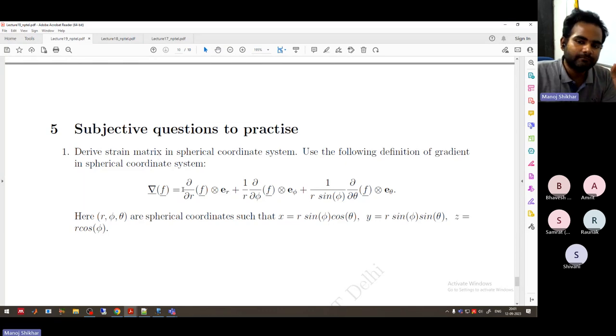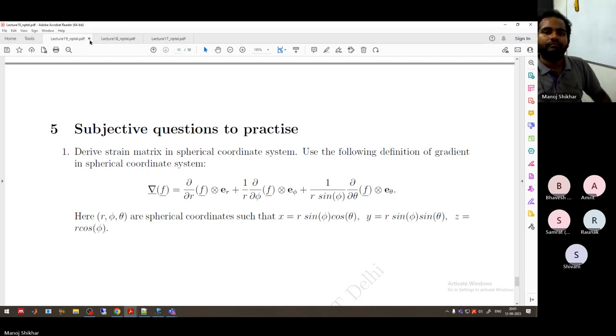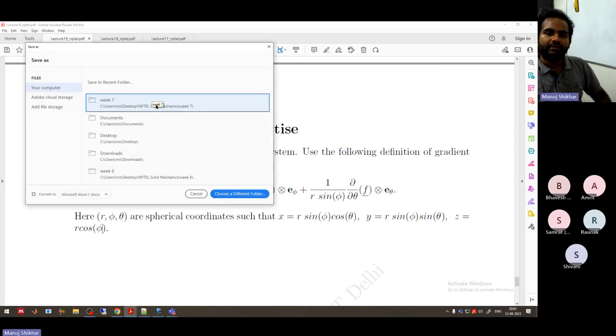But the key thing is that you write U in the spherical coordinate system and find the differentiation of the basis vectors with respect to the coordinates. If you do these things, you will be able to solve this problem. I hope I have made myself clear.